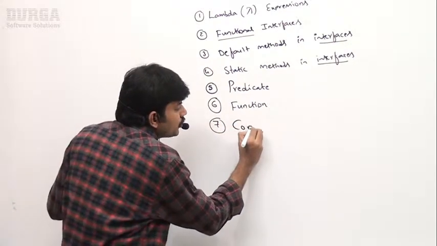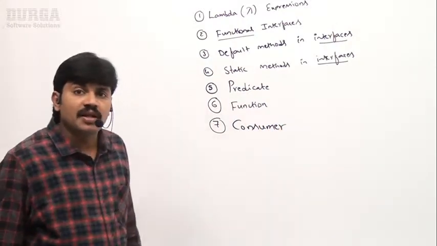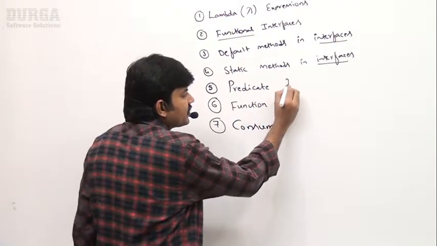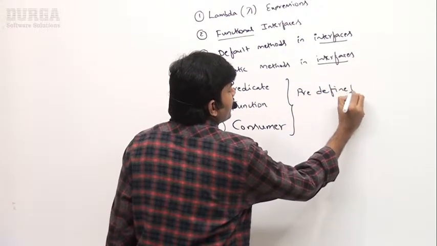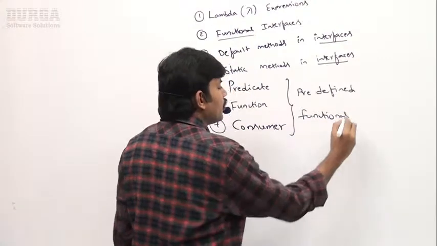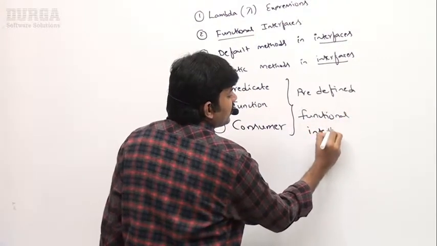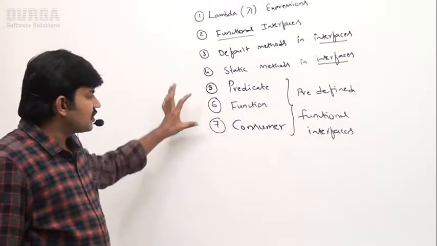Next, Consumer, which is also a predefined functional interface. We have to discuss these predefined functional interfaces. With lambda expressions, we can happily use these functional interfaces. Which methods are there and how you can use them, I will discuss in detail.